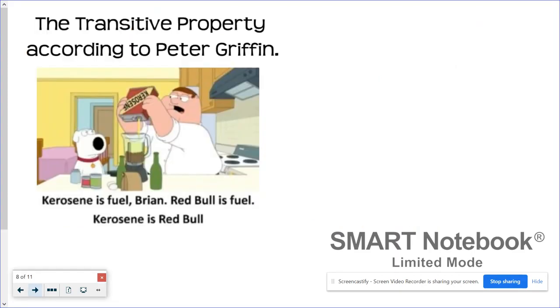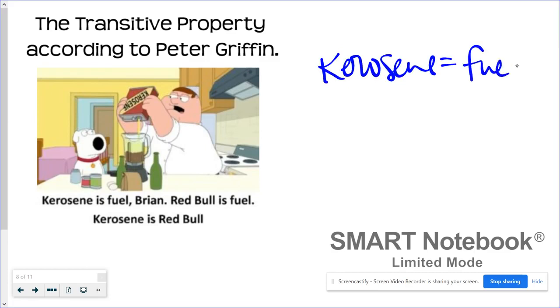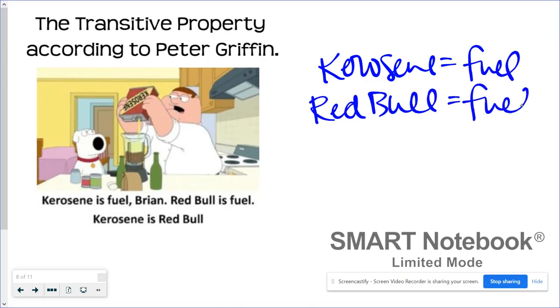So let's talk about something called the transitive property. Here's the transitive property according to Peter Griffin. Okay. So he says that kerosene is fuel. He says that Red Bull is fuel. He says kerosene is Red Bull.